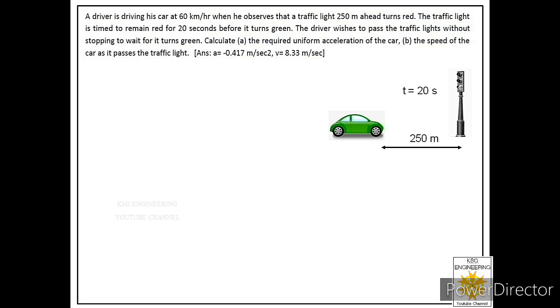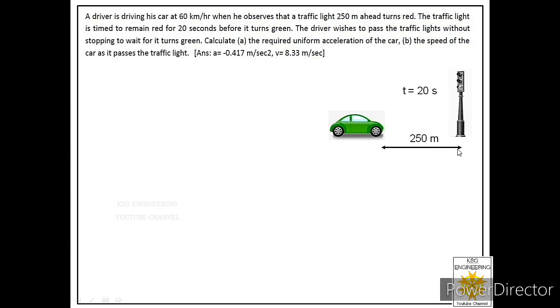In the B part, we have to find the speed of the car as it passes the traffic light. Okay, so let us solve the first part. That means we have to find the required uniform acceleration of the car which the driver should maintain in order to pass the traffic lights without stopping to wait for it to turn green.